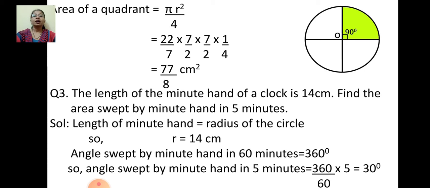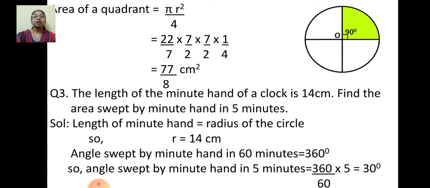Now, one complete circle is equal to 360 degree. So the angle swept by this long hand in 60 minutes, 60 minutes means one complete circle, so that is 360 degree. This much angle that long hand traces while completing 60 minutes.